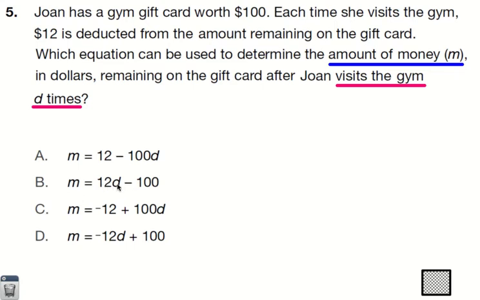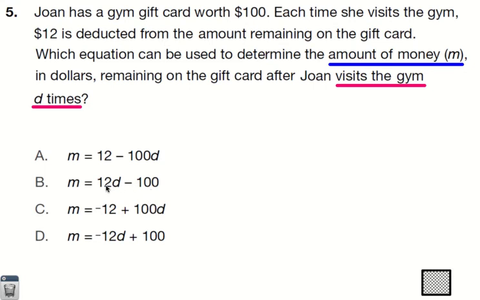Do you think we do 12 times the number of visits and then minus 100 from that? Does that make sense? So if we visited the gym twice, it would be 12 times 2 to be 24, and then do 24 minus 100, and that's going to be the amount. No, that's going to be negative money.